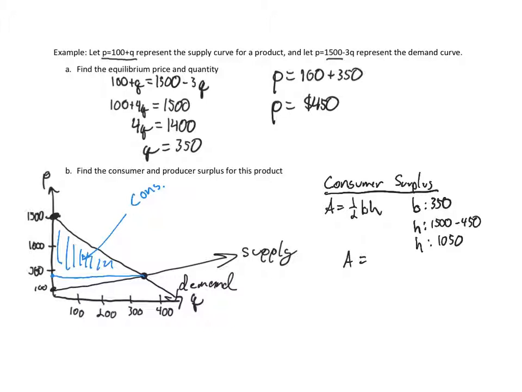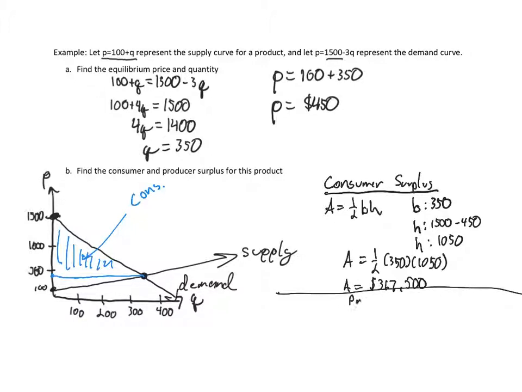So the consumer surplus, the area, will equal 1/2 times 350 times 1,050. That area, or consumer surplus, would come out to be $367,500. So the consumers have saved quite a bit of money.